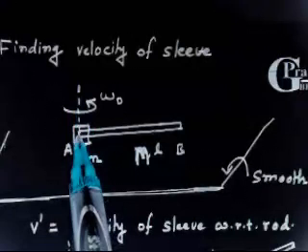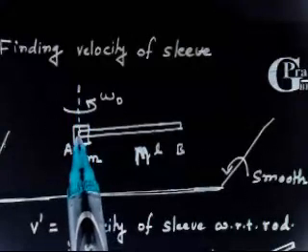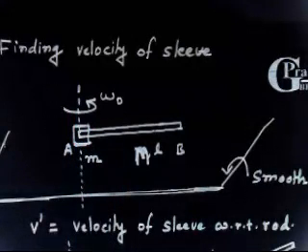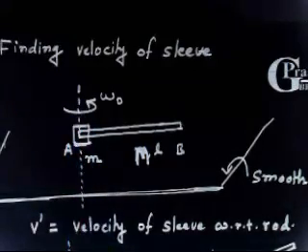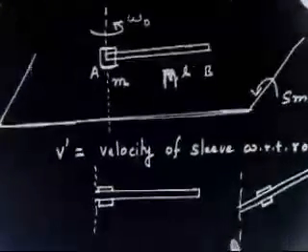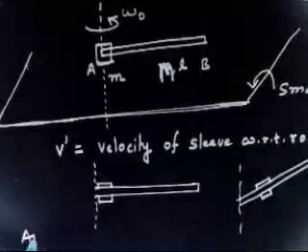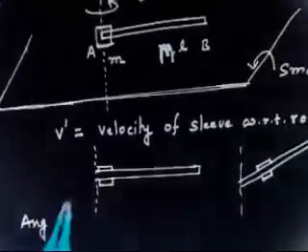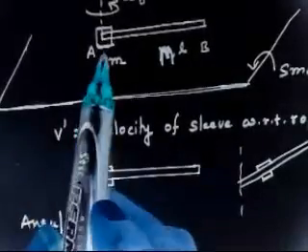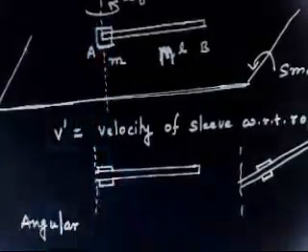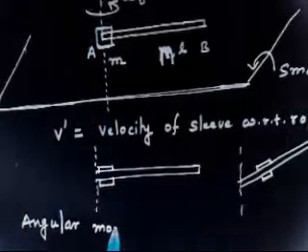This means because this hinge is free, no external force is acting, no external torque is acting about this axis. So this means angular momentum has to be conserved. So I can write angular momentum has to be conserved about an axis that is passing through A.